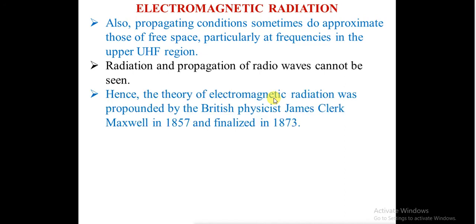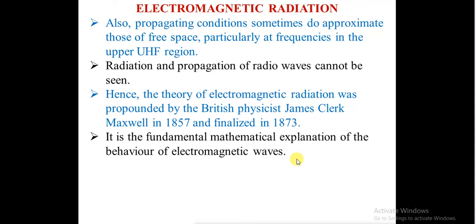Hence, the theory of electromagnetic radiation was proposed by British physicist James Clerk Maxwell in 1857, and it was finalized in 1873. So who proposed? James Clerk Maxwell.